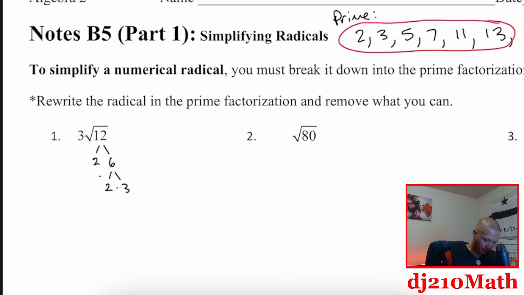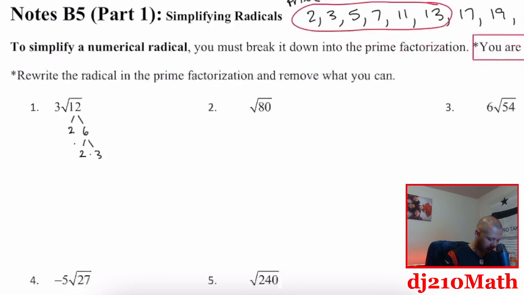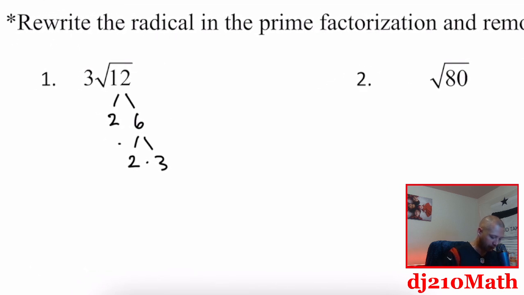Okay, here's the deal. You can pull out a number, but only if it's in pairs. So if you look at the notes, you're looking for pairs. That's the clue. So there's a pair of 2's.